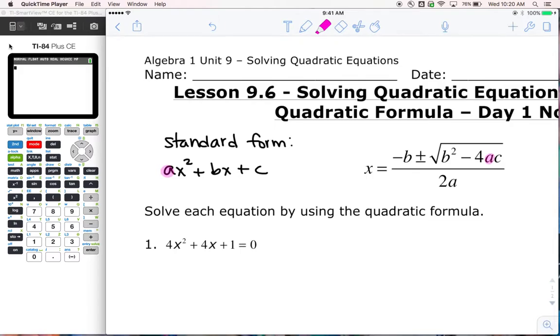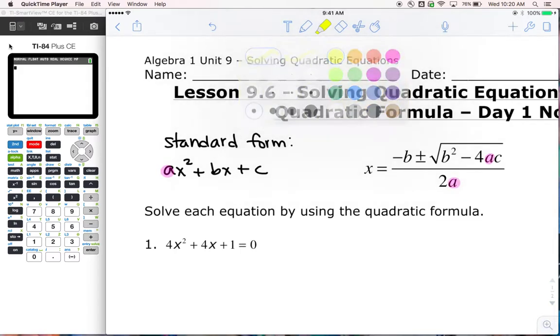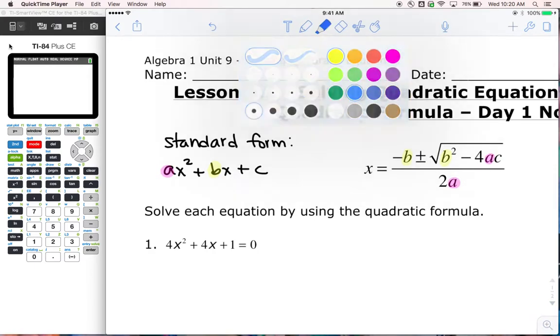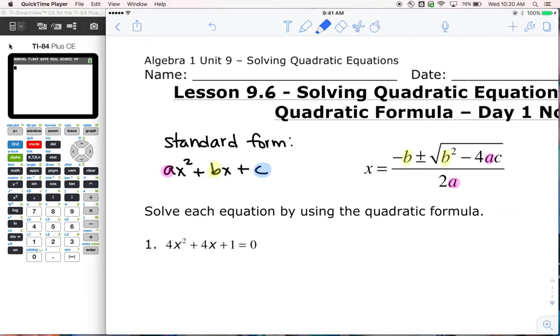We see it multiplying with the 4 and the c, and we see it on the bottom. All right, we also see b. We see it opposite of b here, and also b squared under the square root. And then finally, we have c, which we are only using once right there. Those are the only numbers that we have to plug in, and that's where we plug them in.